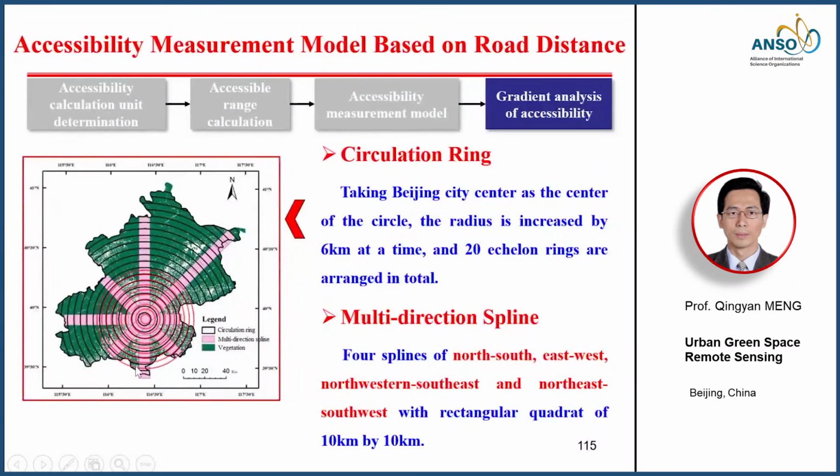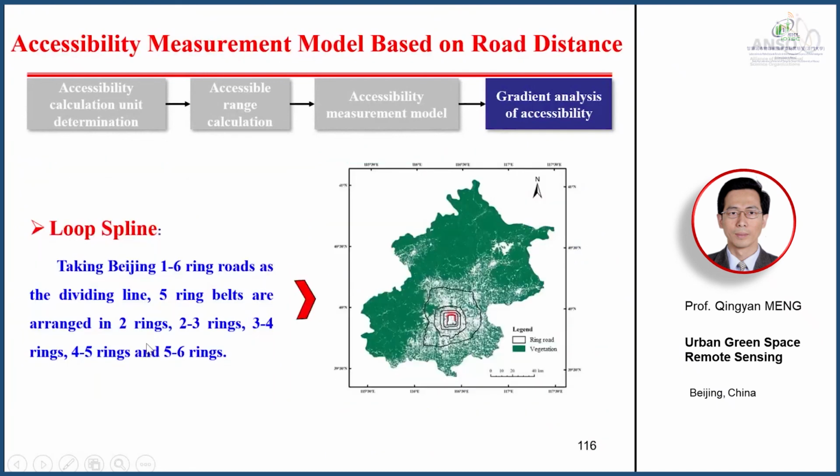And also the circulation ring: taking the Beijing city center as the center of the circle, the radius is increased by 6 kilometers at a time, and 20 echelon rings are arranged in total. For the multi-direction span, north, south, east, west, northwest, southeast, northeast, and southwest, a rectangular quadrant of 10 kilometers by 10 kilometers was used.